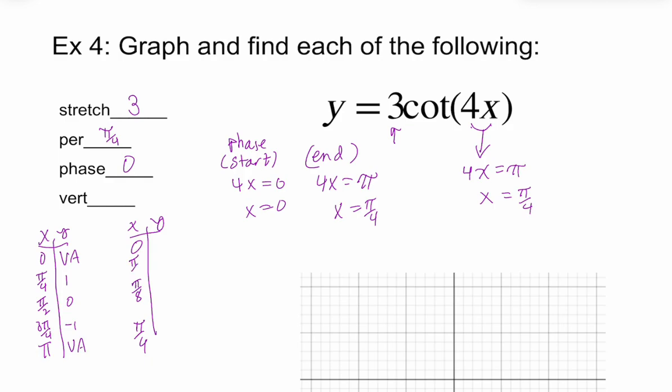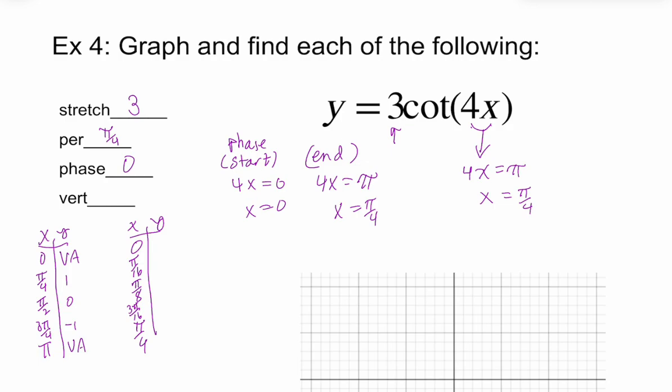Break it in half again, that's 16ths. So we're counting by 16ths. So this one, we really have to break that down quite a bit. That 4 has smashed our graph in 4 times. So we'll just have to watch the way we put our graph paper on.